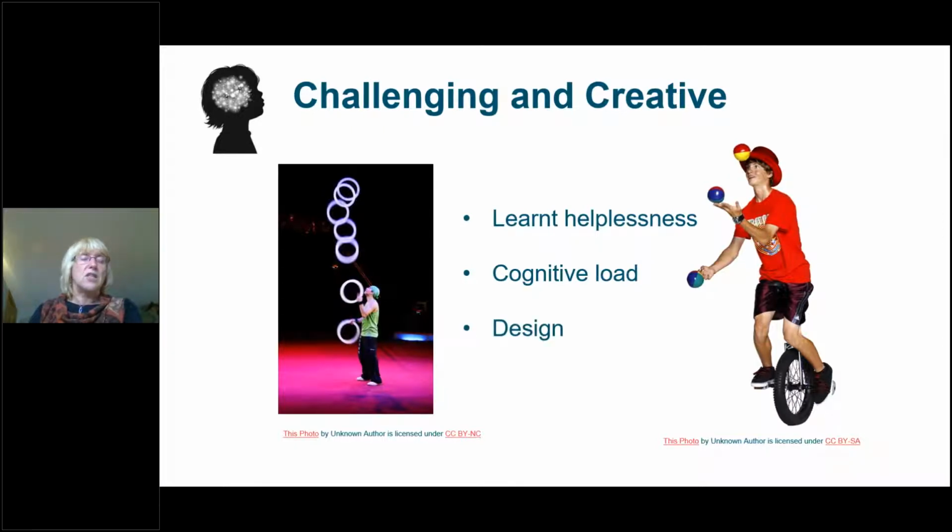And in terms of being challenging and creative, we want to be sure that they're having that opportunity to design, able to apply that learning in different ways, and all that Jane Waite has done about design, bringing that in, making sure that that is part of the experience for children.